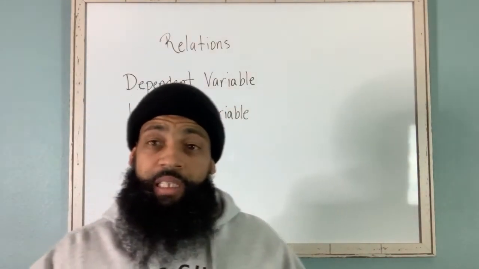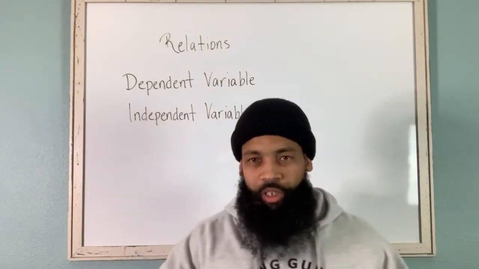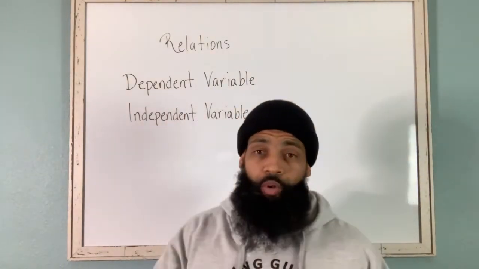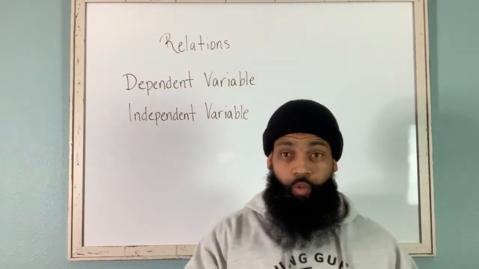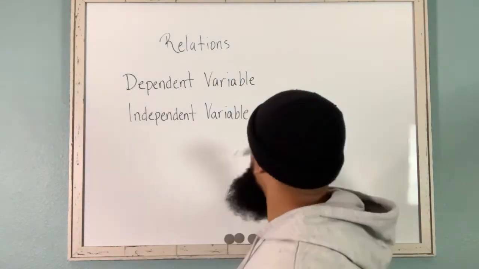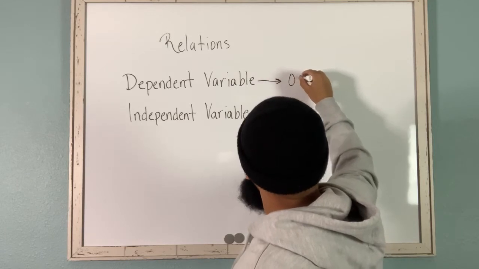So we have a dependent variable and an independent variable. Now let's talk about how these work. So the dependent variable is a value that depends on the other value, right? It's also another way we look at the dependent variable is the output.